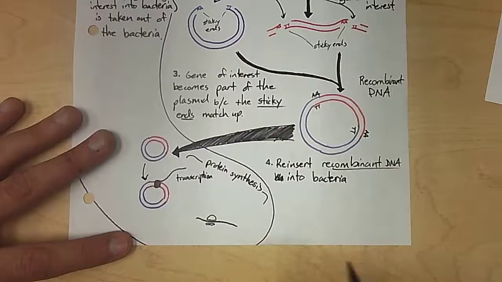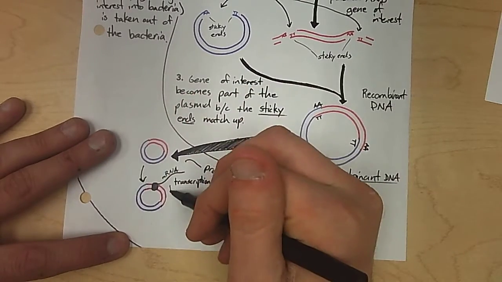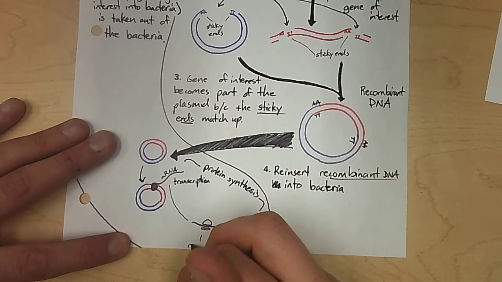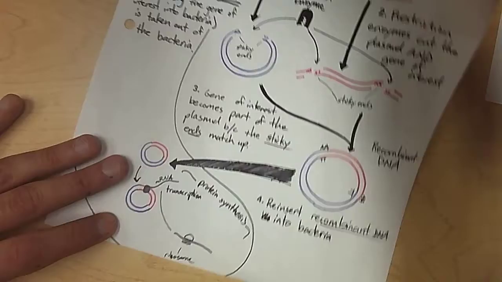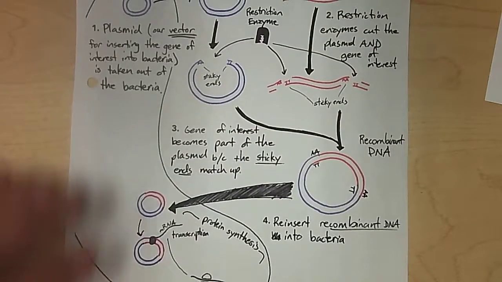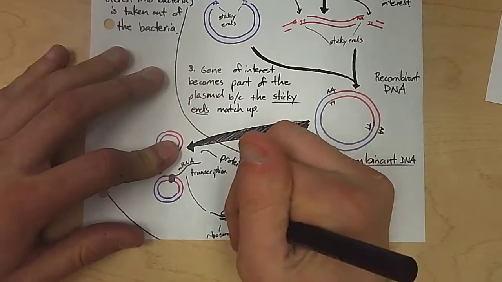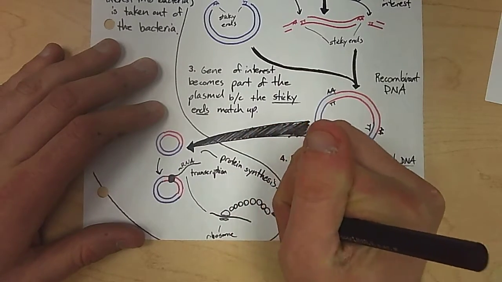And after we make our mRNA molecule, I'll even label this mRNA, that mRNA goes to our ribosome. And what we're going to end up getting is a protein out of this. So here is our protein.